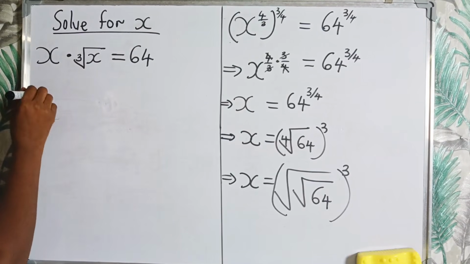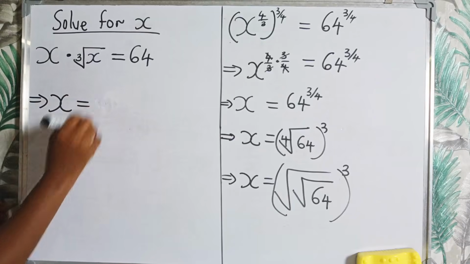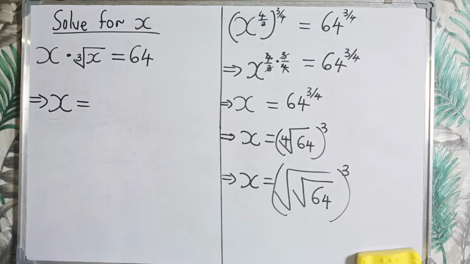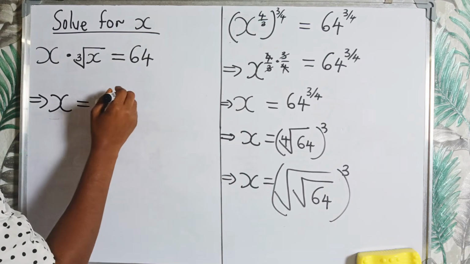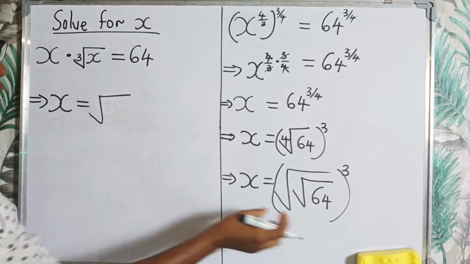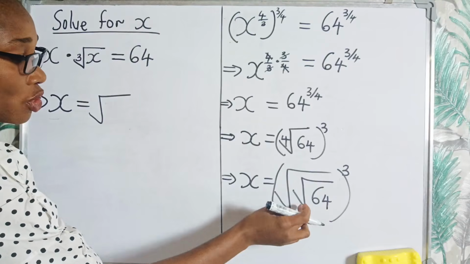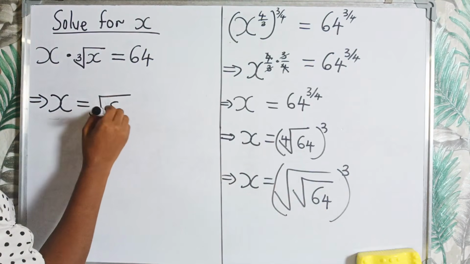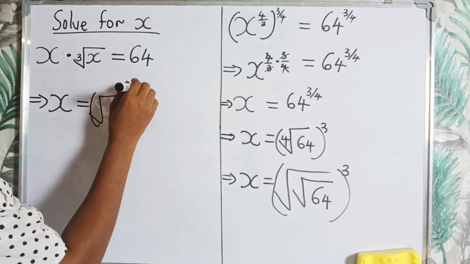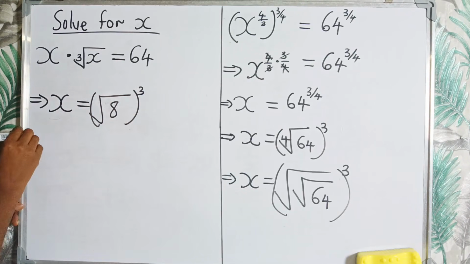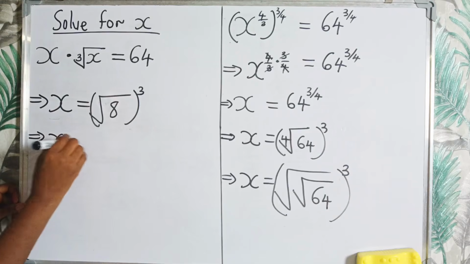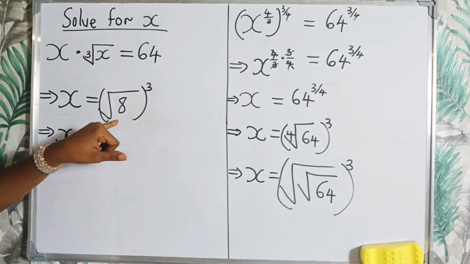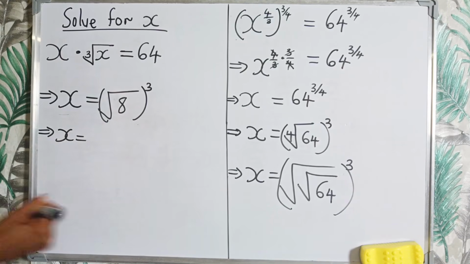So here we are going to have x is equal to the square root of 64 is 8. Now we have worked with this first square root. The square root of 64 is giving us 8. So now we have the square root of 8 raised to power 3. And now our x is equal to, because 8 is not a perfect square, we have to simplify the square root of 8. How do we do that?